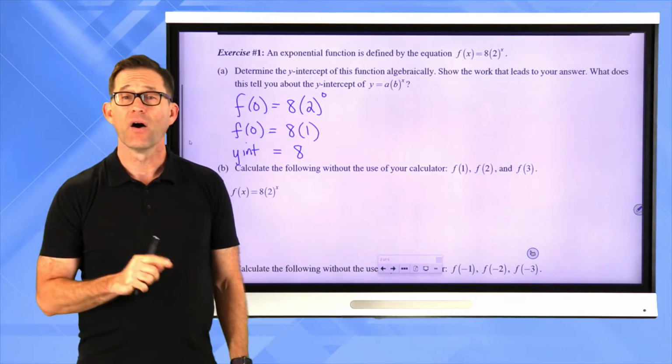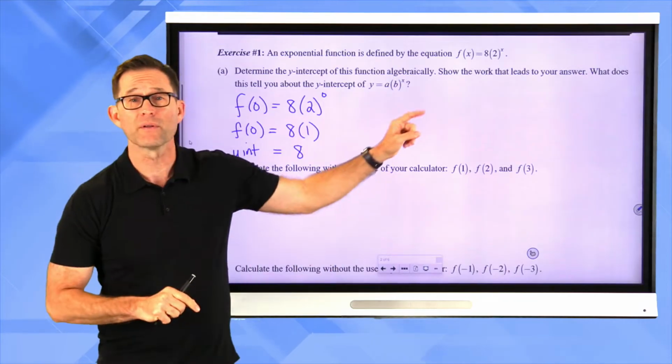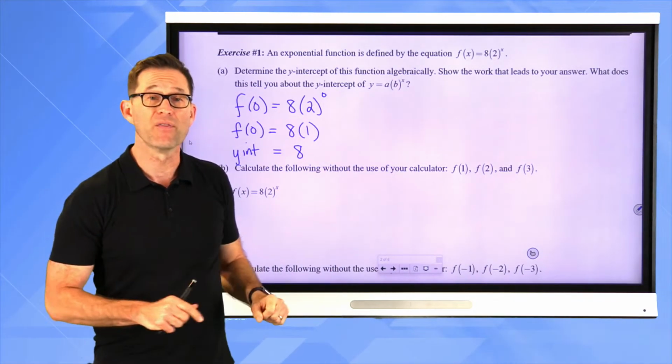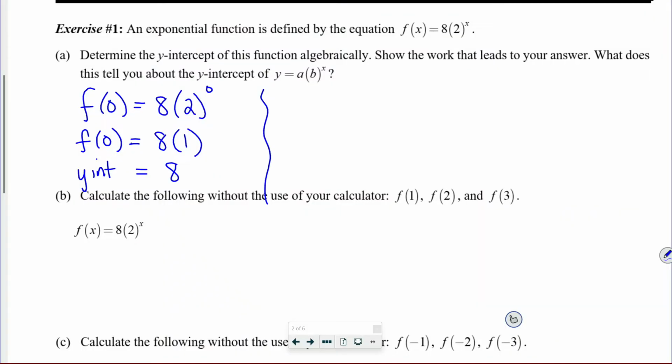More importantly, what does this tell you about the y-intercept of y equals a times b to the x? We would have a times b to the 0, which would be a times 1, which would just be a.